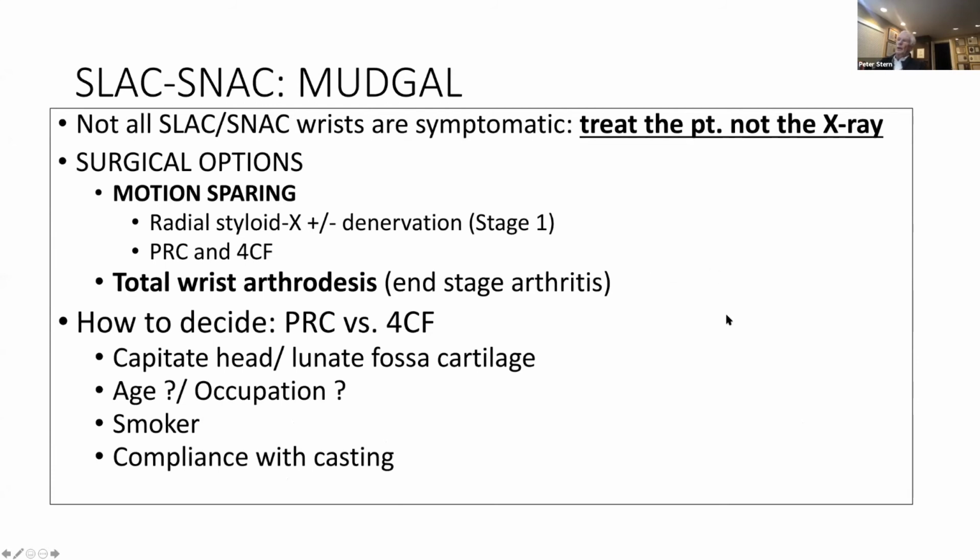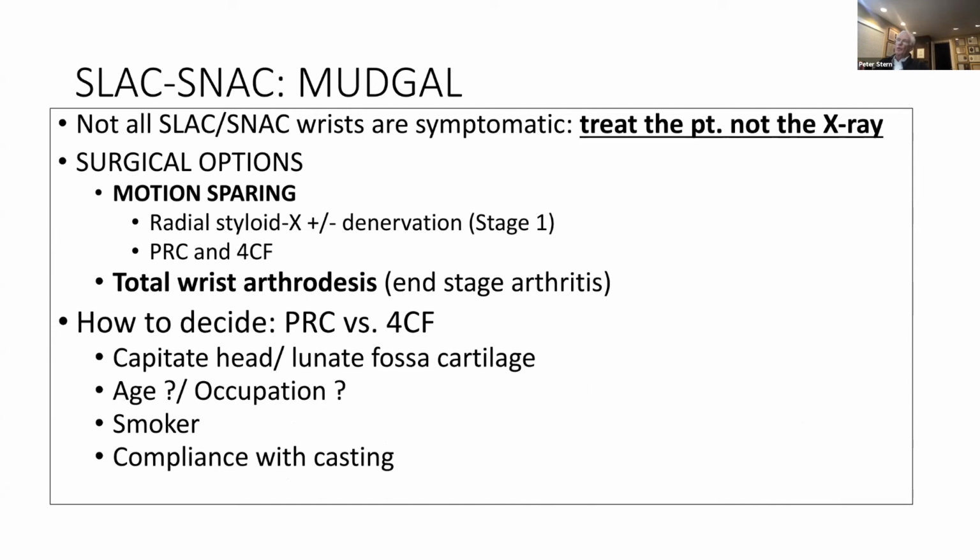The first talk was by Chai on SLAC and SNAC wrists. One of the points that I think is critical, and he emphasized throughout his lecture, was that not all of these wrists are symptomatic, and you treat the patient, not the x-ray. There basically are two categories for surgical treatment.